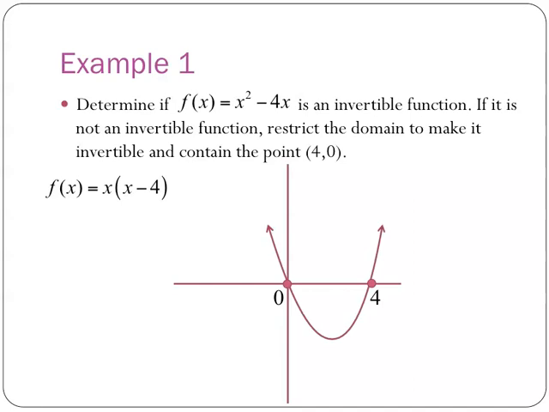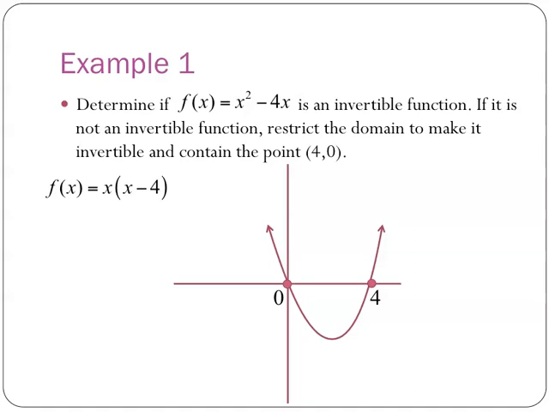Now we need to restrict the domain to make it invertible. And we also want to contain the point (4, 0), which looks like it is on the right-hand side of this. Now our question is, how far do we go in order to get the largest part of the domain that we can? Well, we need to know where that vertex is.